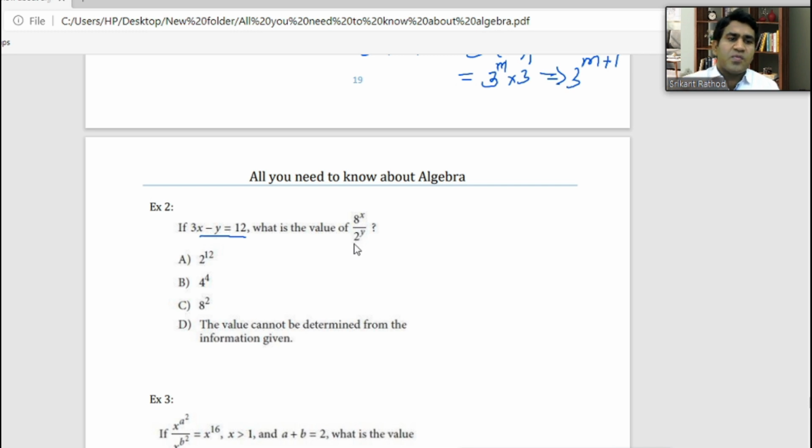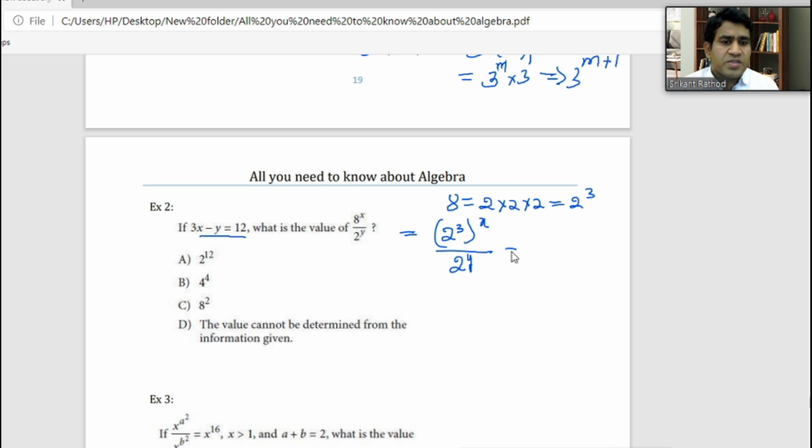In this case, 8 can be written as 2 times 2 times 2. I can also write 8 as 2 cube. Replace 8 with 2 cube, then this expression becomes 2 cube to the power x over 2 to the power y.